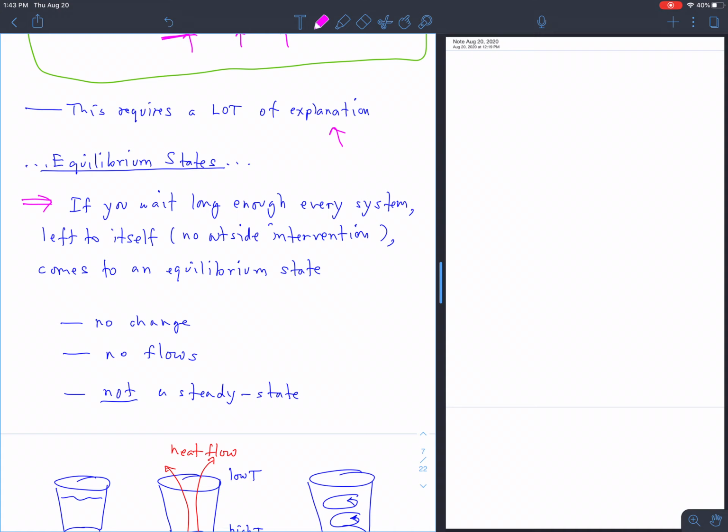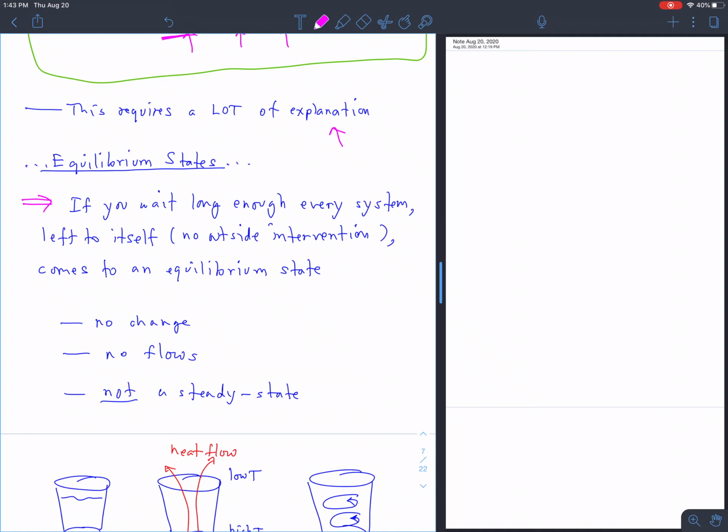So you take a glass of water, seal it all off so that nothing can flow in or out, not heat, not matter, and there's no volume changes. Let it sit, and well, we know what will happen, at most a few seconds really, or at most a few minutes. It'll settle down and stop moving. And if you wait maybe even 10 minutes just to be sure, then it will settle down completely, and that's an equilibrium state.